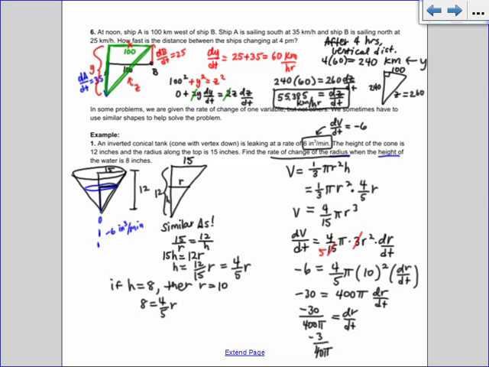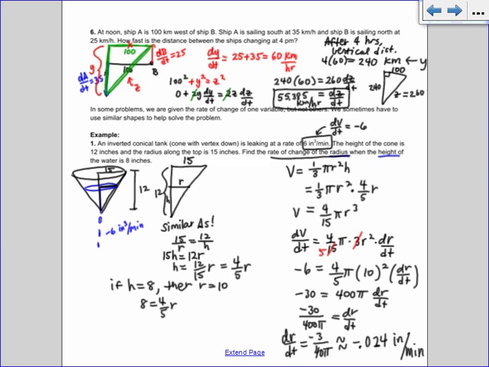Or you could multiply the pi in. Just make sure you put it in the denominator. And you get negative 0.024. What are my units? Inches for radius per minute. Yeah, inches per minute. That's that.